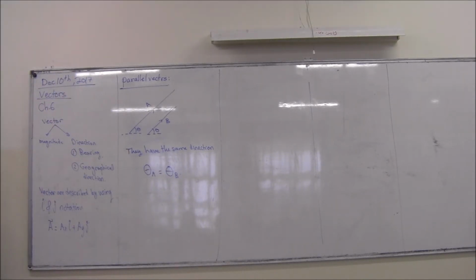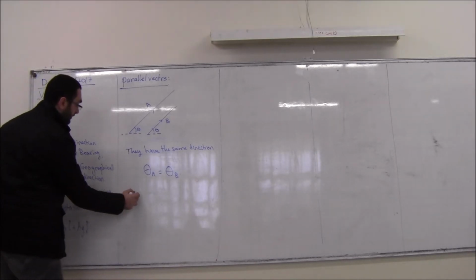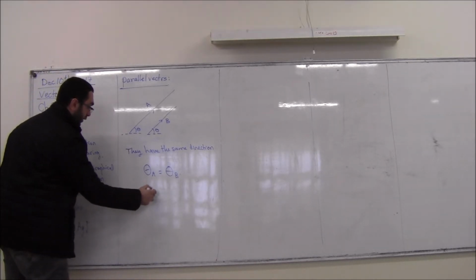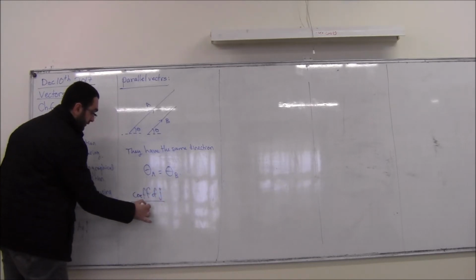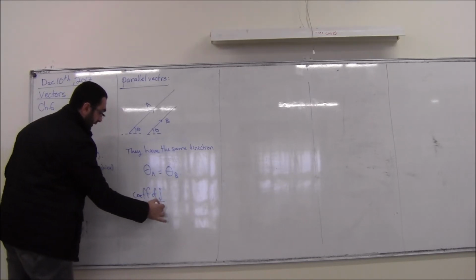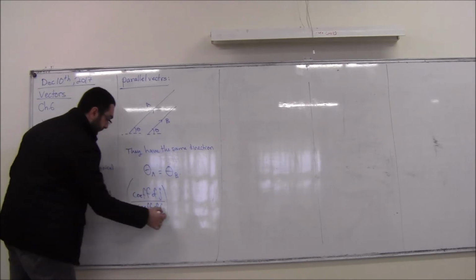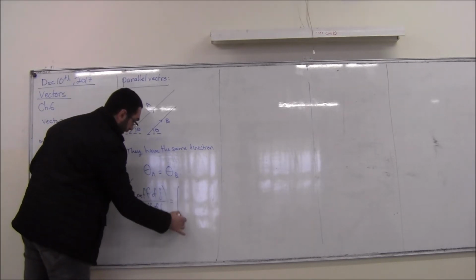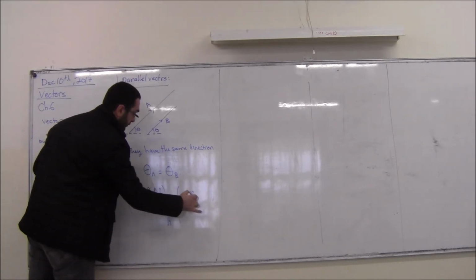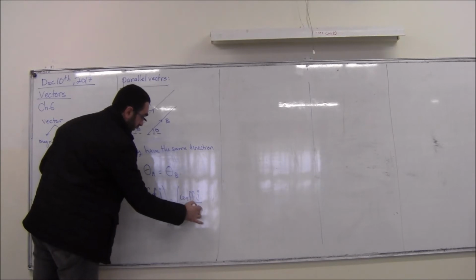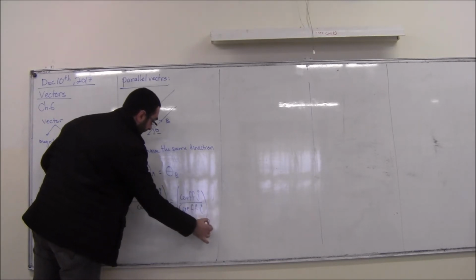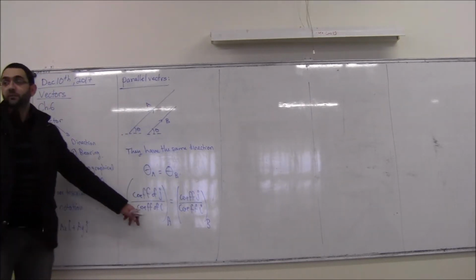In terms of i and j, look here. The coefficient of j over the coefficient of i for A is equivalent to the coefficient of j over the coefficient of i for B. This is what you said before.